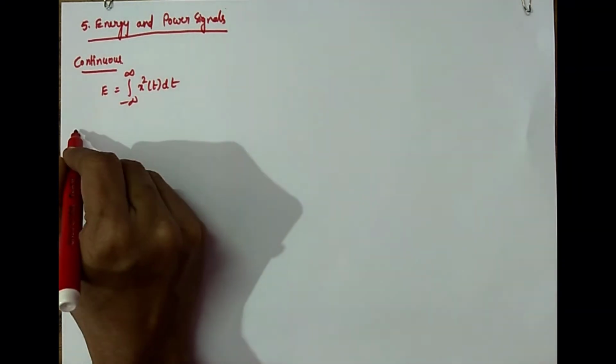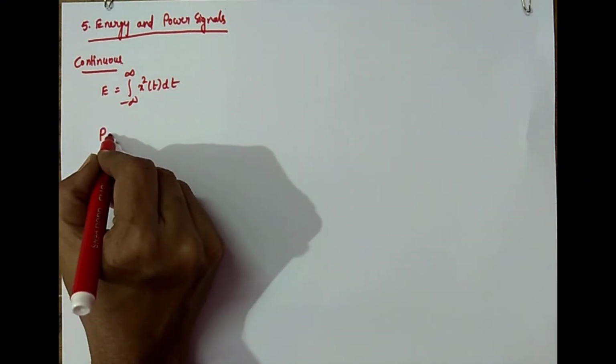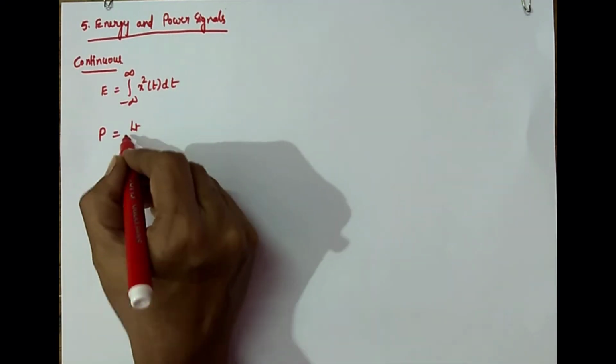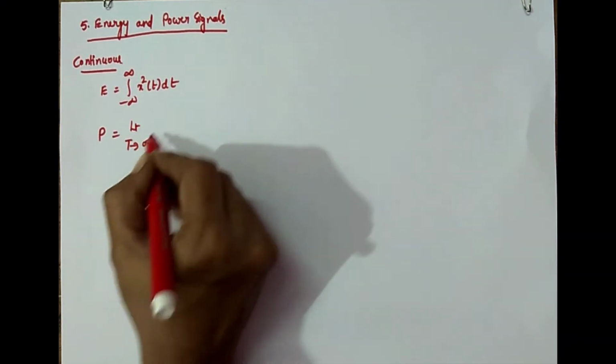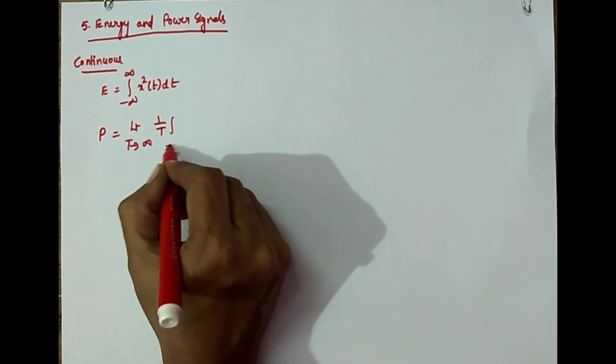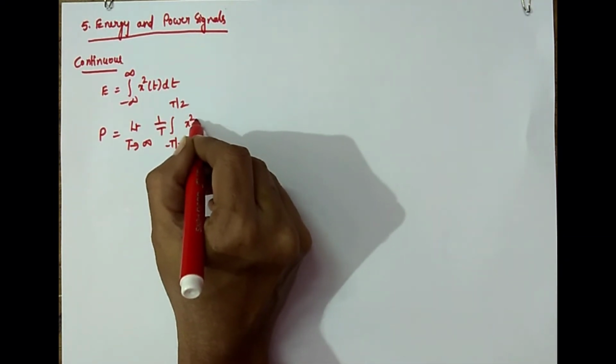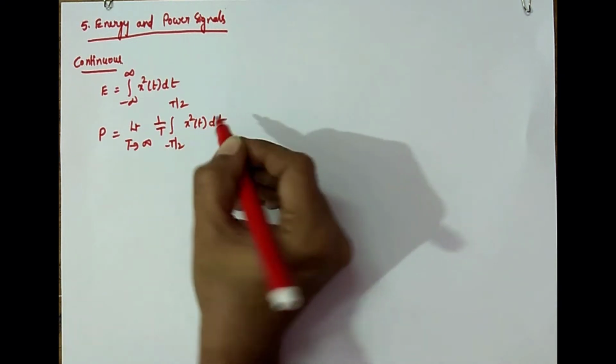Then what is the power? Power P is equal to the limit as T tends to infinity of 1 by T times the integral from minus T by 2 to T by 2 of x square of t dt.